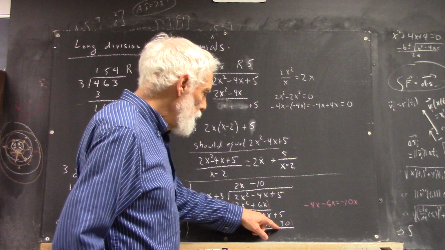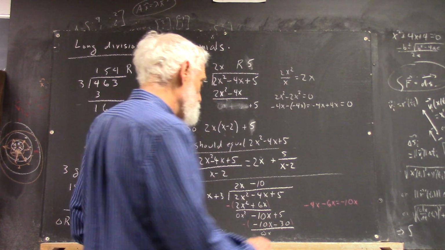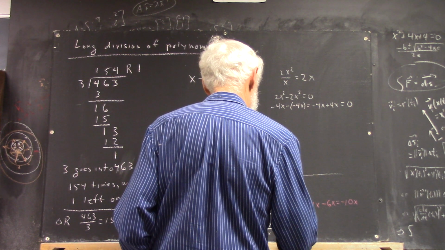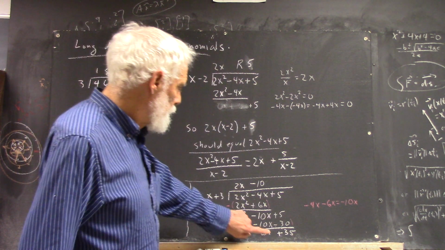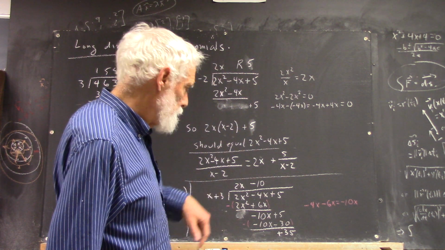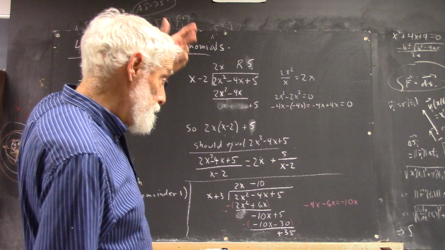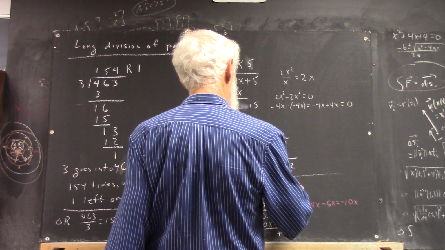And then subtracting negative 30 is the same as adding 30, so we get 35. Well, everything here is 0, so that 0x I can just kind of erase. I can erase that because it's 0. Okay? So I can say my remainder is 35.